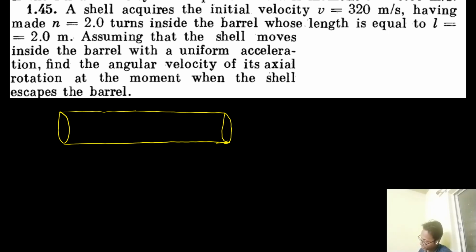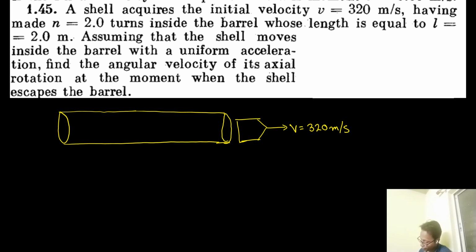The shell acquires the initial velocity of 320 meter per second. That means the velocity of the bullet after ejection is how much? 320 meter per second.